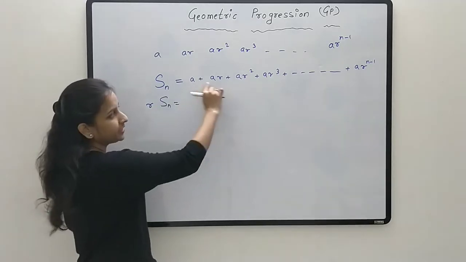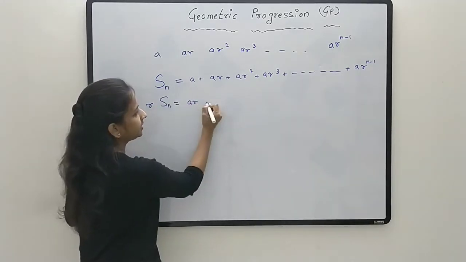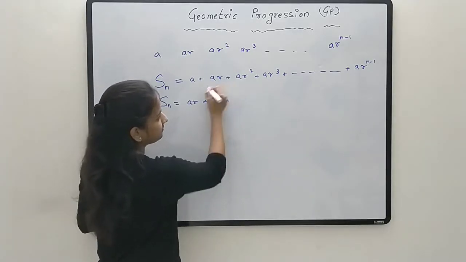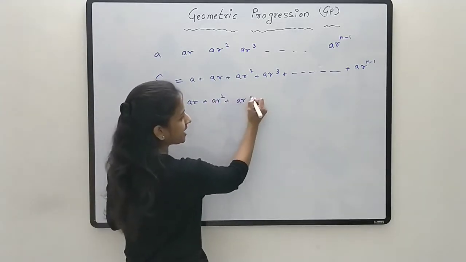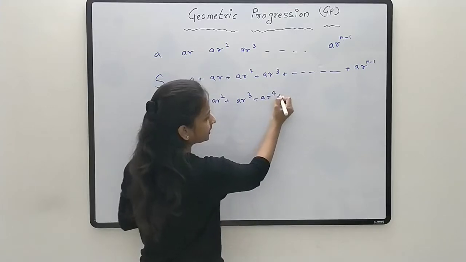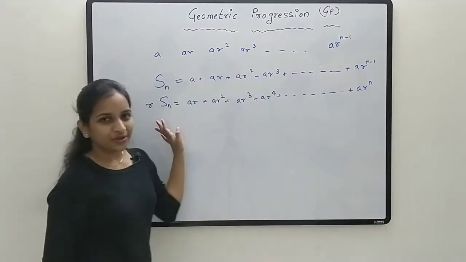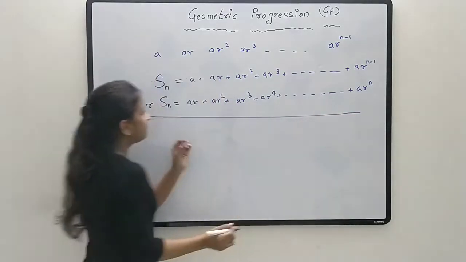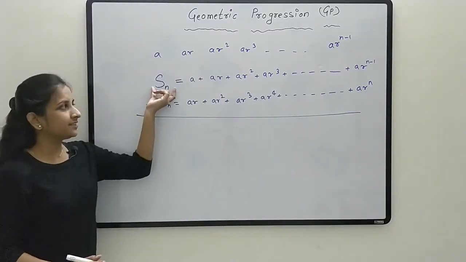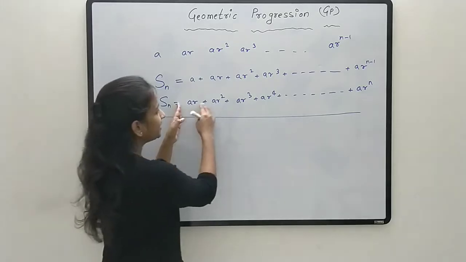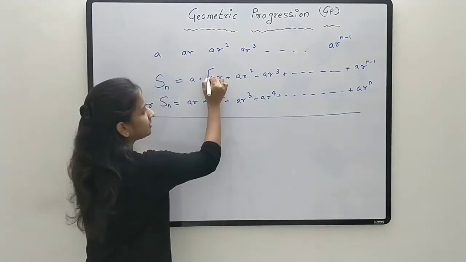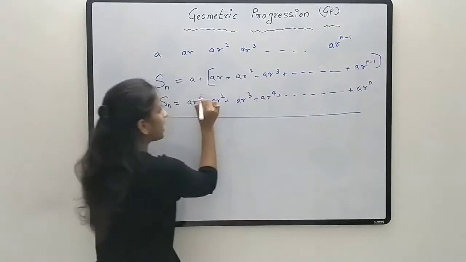So R into each and every term, right? AR, AR square. See, we are getting the same terms again. AR cube, AR power 4, like this. And the last term will be AR raised to n. Understood? Why are we multiplying R to this equation? So that we get the same terms again. See, all these terms we have got here.